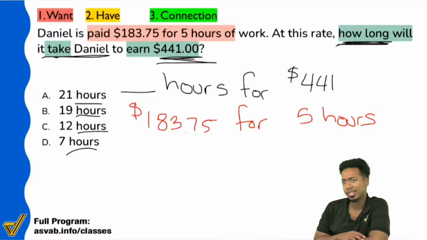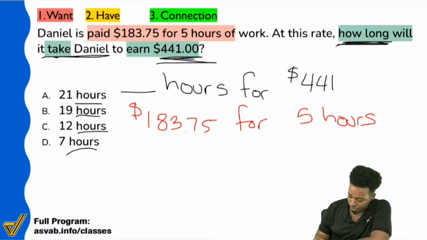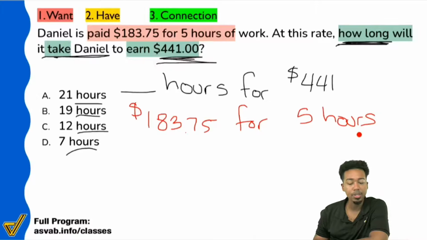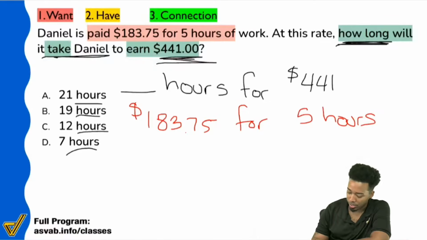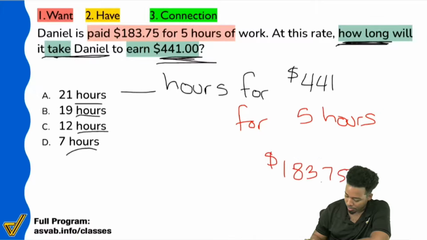If I just write it the way that I see it, is it always going to be correct? No, not always. We have to really pay attention, guys, because the way we set it up really matters. Notice how it goes hours, then pay. But here we go pay, then hours. That is definitely going to be a little tough. So what I'm going to end up doing is swapping them out.